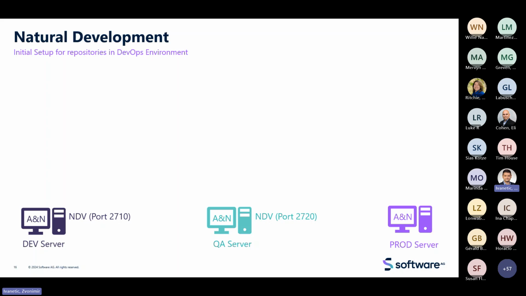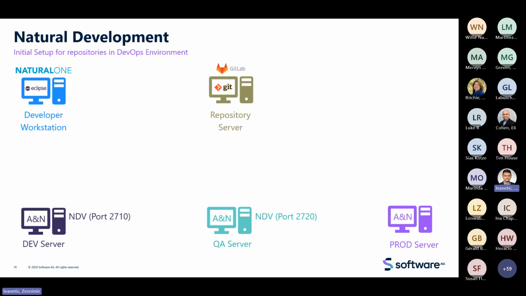And the dev environment and the QA usually has an NDV server, while a productional server might have one or not, depending on how your strategy is to put an NDV server on production. Then you have a developer workstation where you can start as an initial step. You need a repository server and of course a CI/CD server like Jenkins. And what I'm showing now is just the initial setup. This is not what all developers are doing on a daily basis, but just an administrator the first time when you want to bring this into the repository.